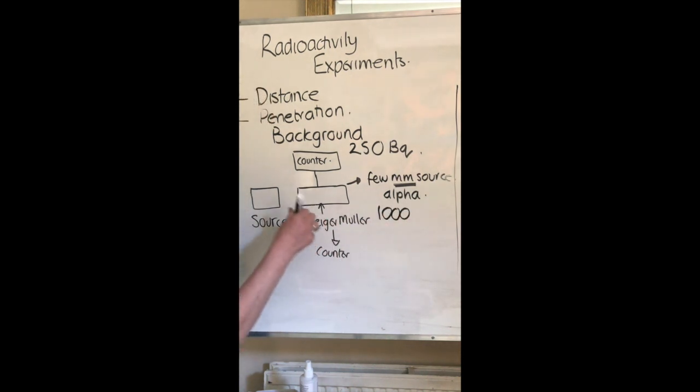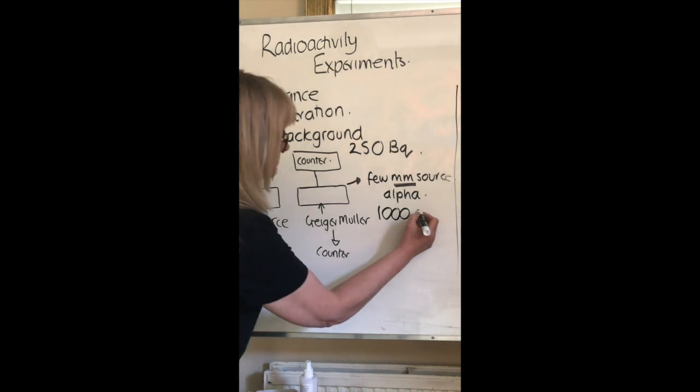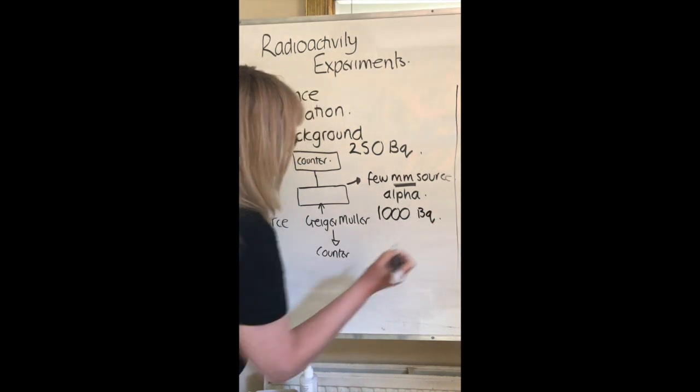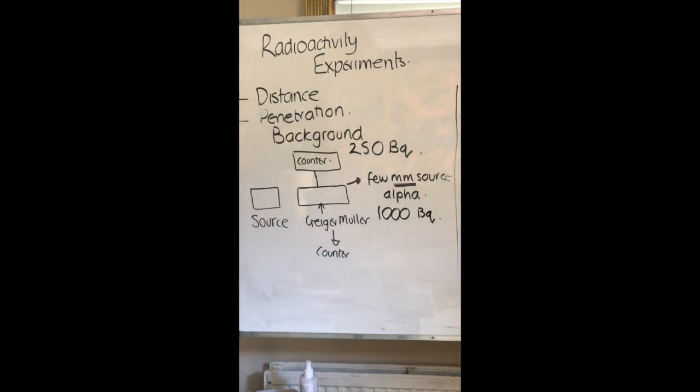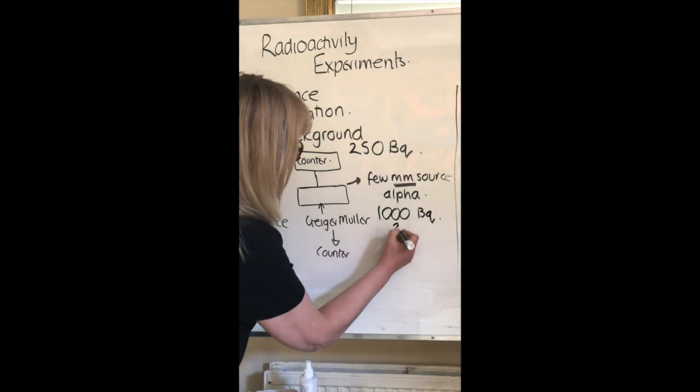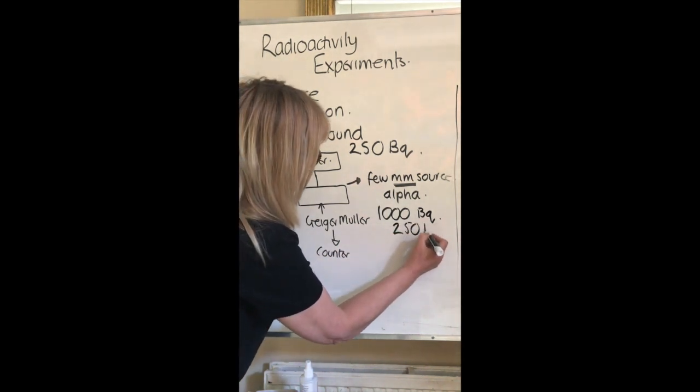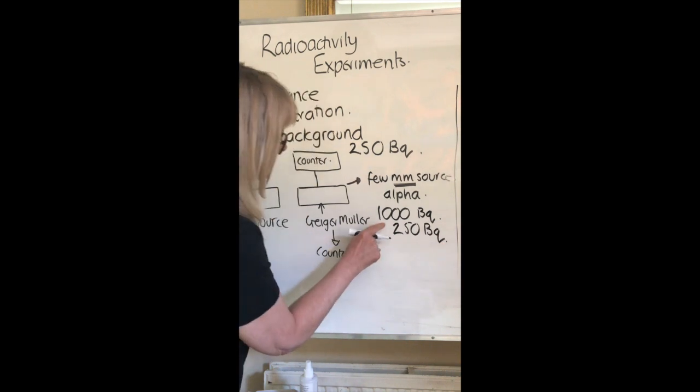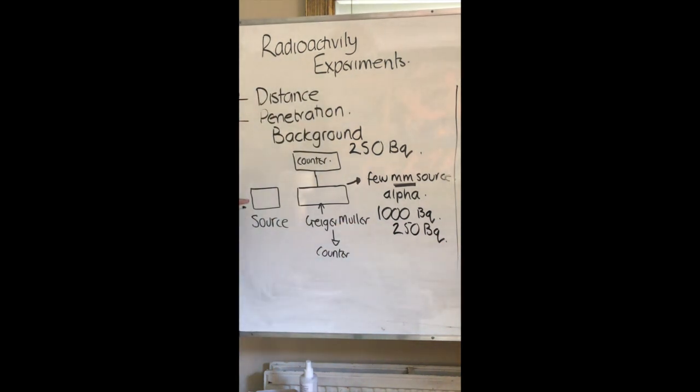If we had our Geiger-Müller tube right up against the source, we had 1,000 becquerels. If we moved it a few millimetres away from the source and it dropped back down to 250 becquerels, then we know that all of that 750 becquerels was caused by alpha. Heavily ionising, lots of ionisation close to the source, ran out of radioactivity very close.